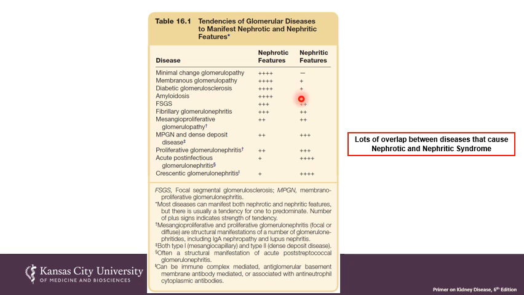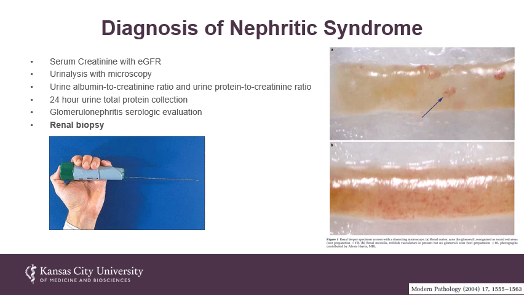Vice versa, maybe you have someone that has a post-infectious glomerulonephritis, which is routinely described as a nephritic disease, but maybe they'll present with nephrotic features. They'll have far more protein in the urine than you anticipate. So you just have to understand there's a lot of overlap, and that this is kind of an artificial thing where we drew the line in the sand and said, you know, these diseases are more nephrotic and these diseases are more nephritic. You can have overlap.